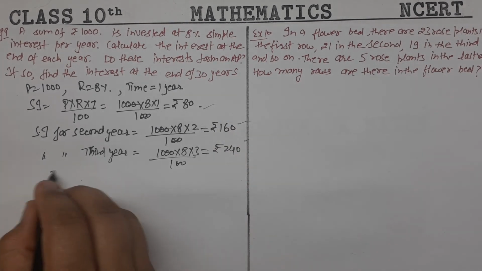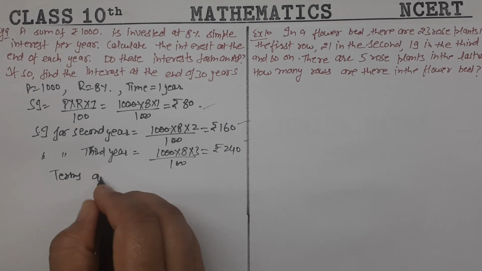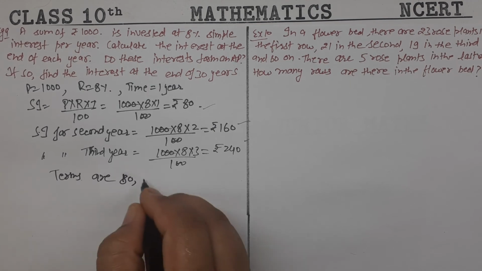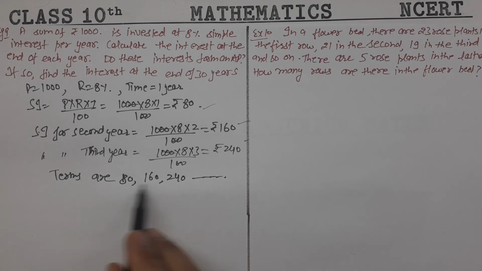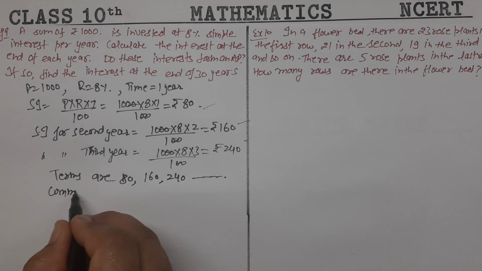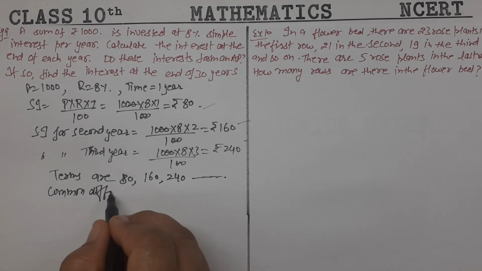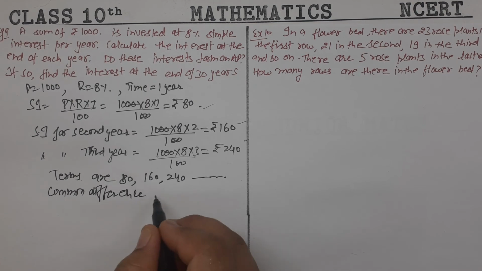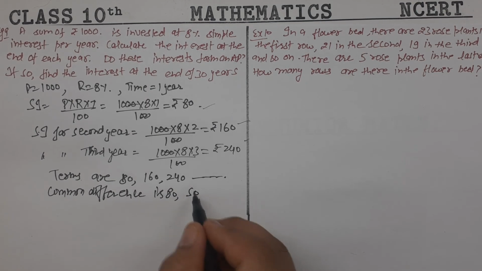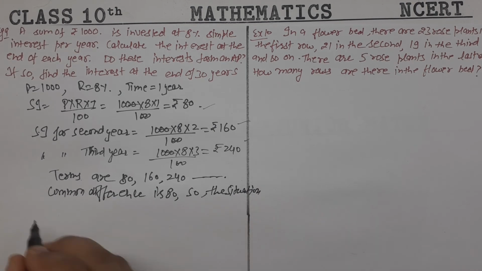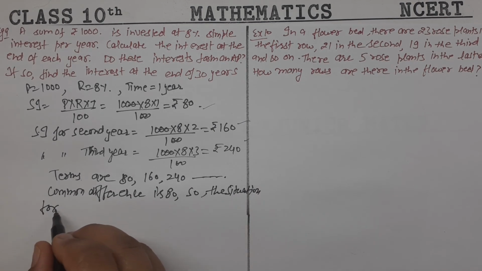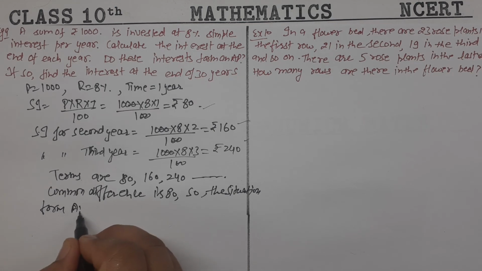See, the terms are 80, 160, 240. Here the common difference is 80. So the situation forms an AP.